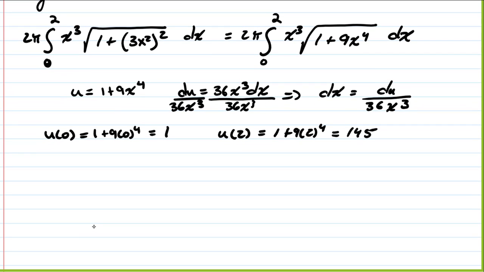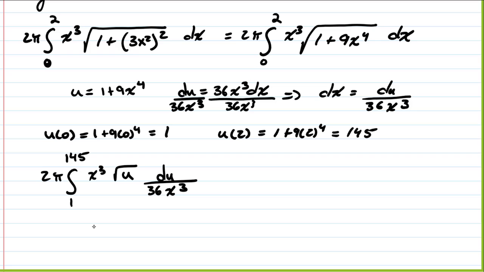So now, finally, we have our 2 pi times the integral. Our new limits of integration are from 1 to 145 of x cubed times the square root of u times our dx, which is du over 36x cubed.